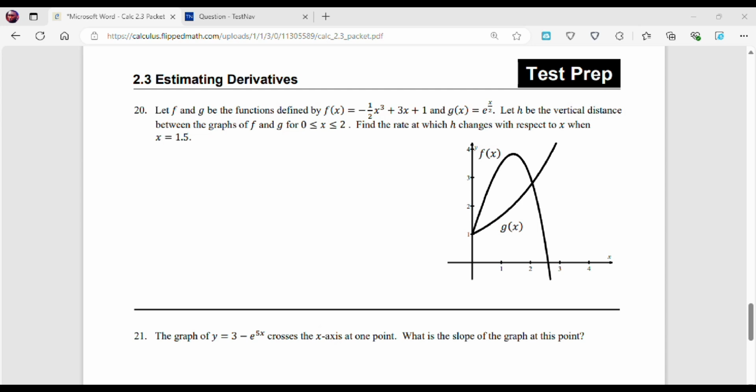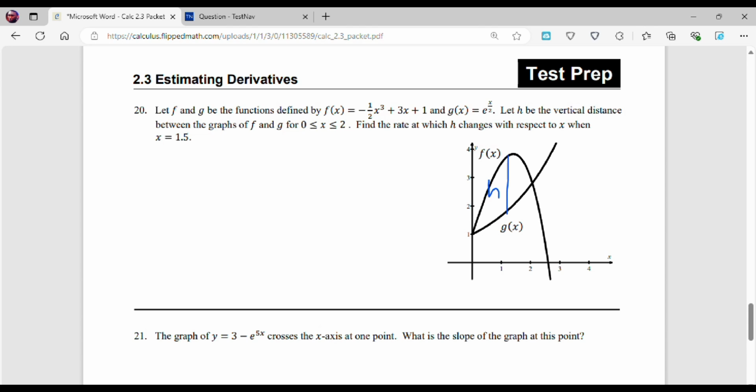Let h be the vertical distance between the graphs of f and g for 0 to 2. Find the rate at which h changes with respect to x when x equals 1.5.